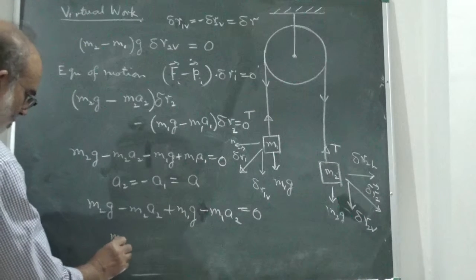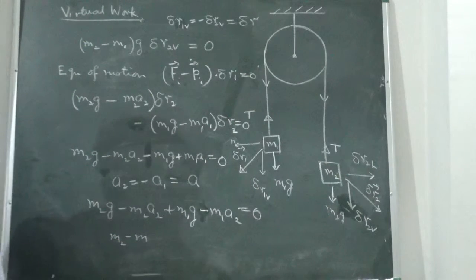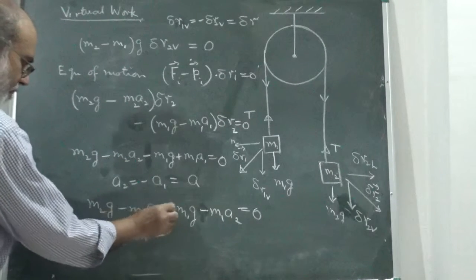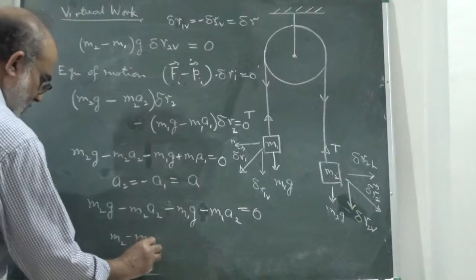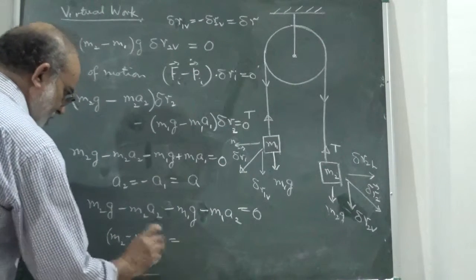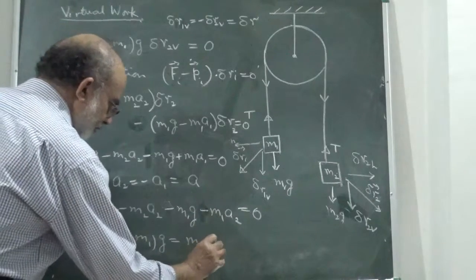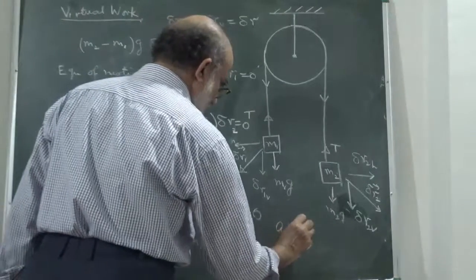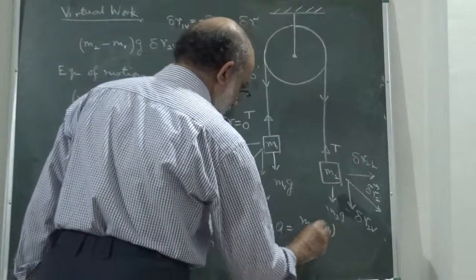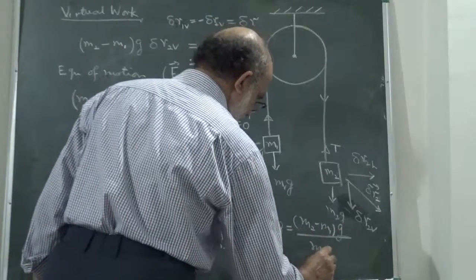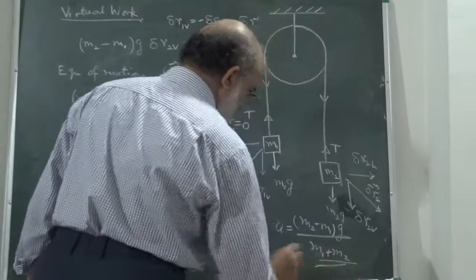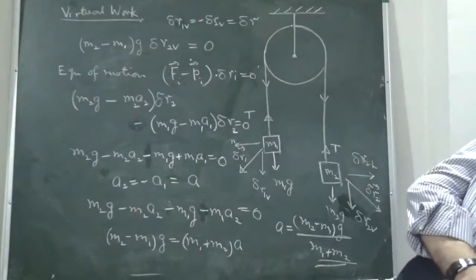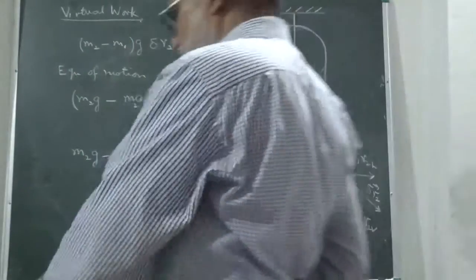So it is M2 minus M1 times G, over M1 plus M2. So A is (M2 minus M1) G by (M1 plus M2), the same result which we found from the Newtonian approach. We got it by this virtual work method also.